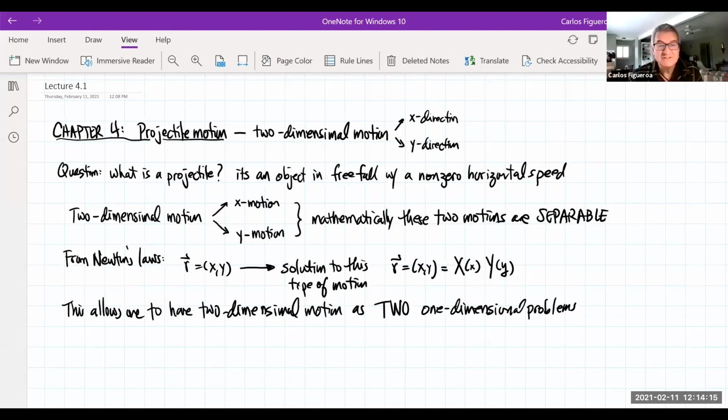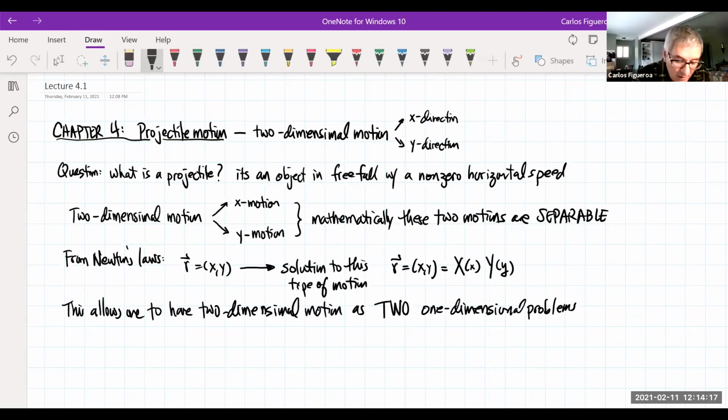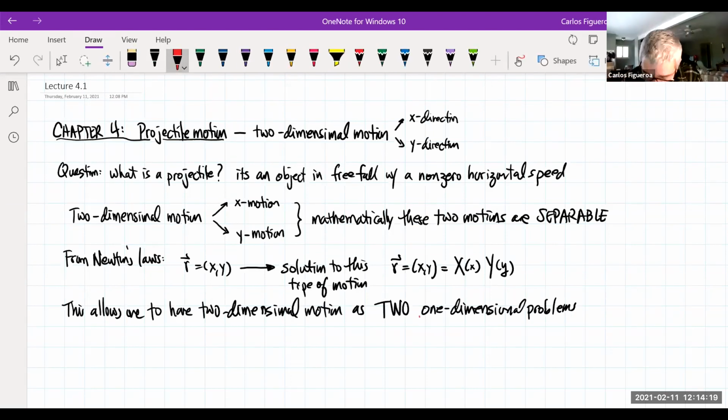But guess what? We know how to solve one-dimensional problems. This is what we solved in chapter 2. Okay, this is what we solved in chapter 2.